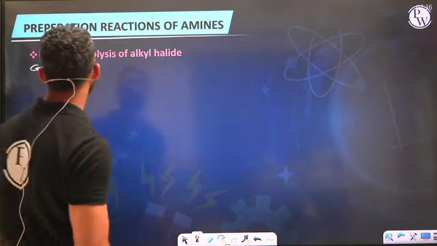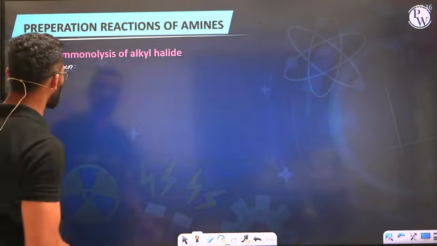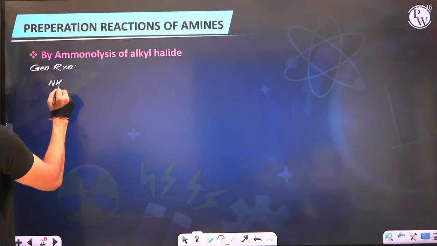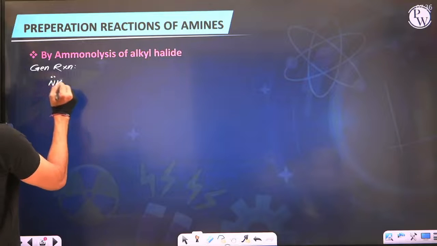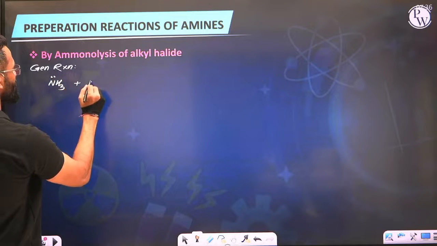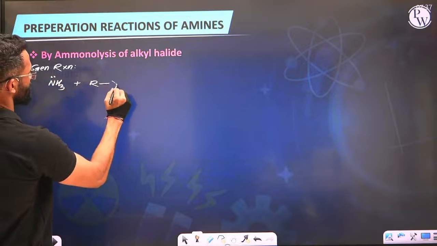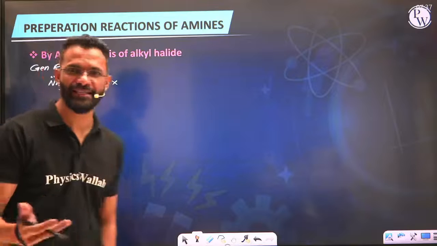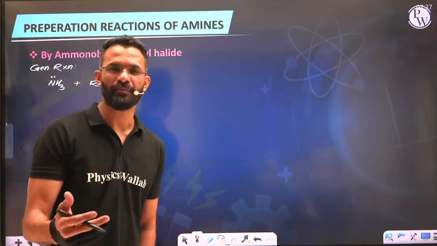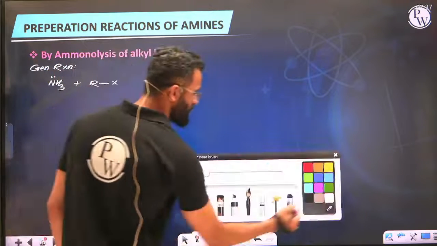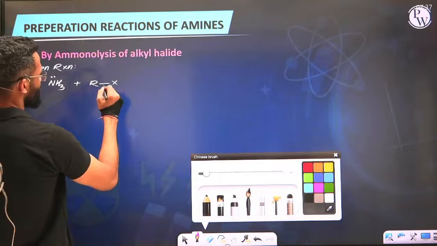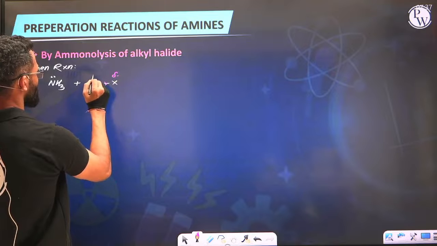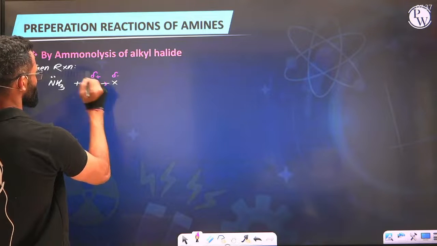Okay, so let's say we have got ammonia, which we are allowing to react with alkyl halide. Assuming again this alkyl group of the alkyl halide to be less sterically hindered, like methyl, primary or at the most secondary. Now what we have studied in reaction mechanism, halogen being more electronegative acquires delta minus charge and the carbon of the alkyl acquires delta plus charge.